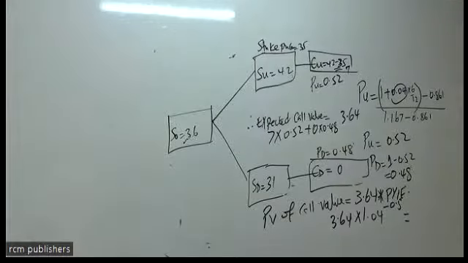What are we getting there? 3.56, or 3.57, like the one given in the revision kit.